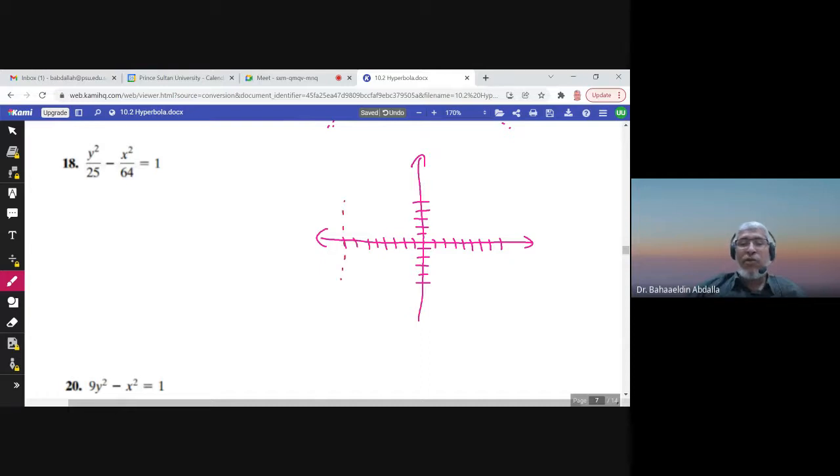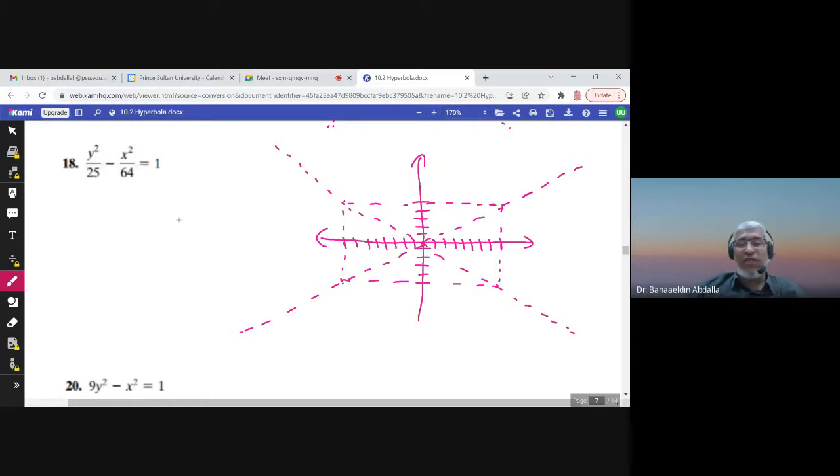And I draw the fundamental rectangle, and then the asymptotes, straight lines.